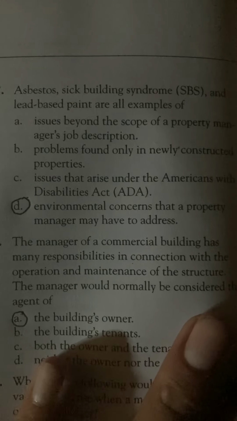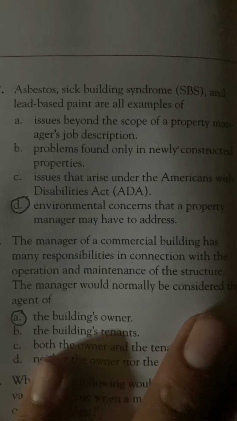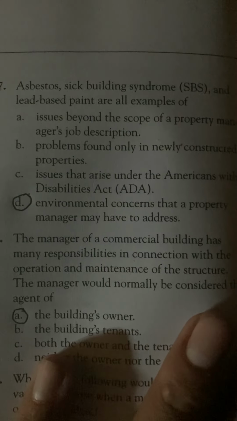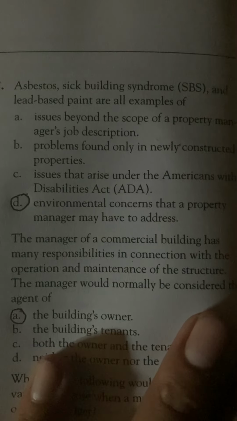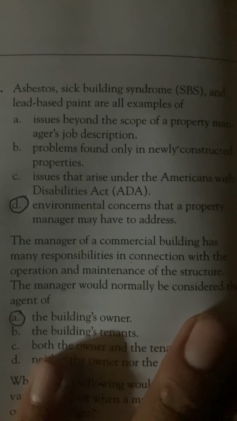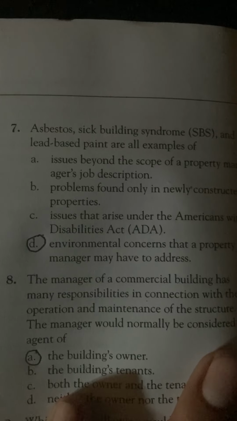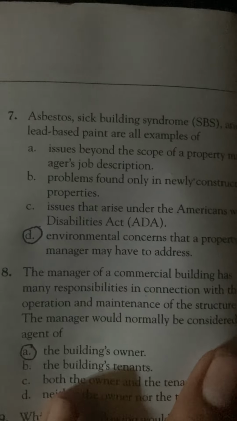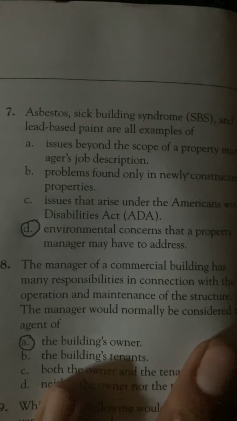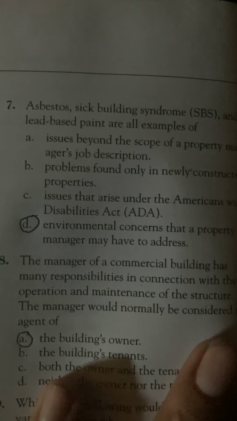C. Issues that arise under the Americans with Disabilities Act, ADA. Or D. Environmental concerns that a property manager may have to address. The answer is D, environmental concerns that a property manager may have to address.